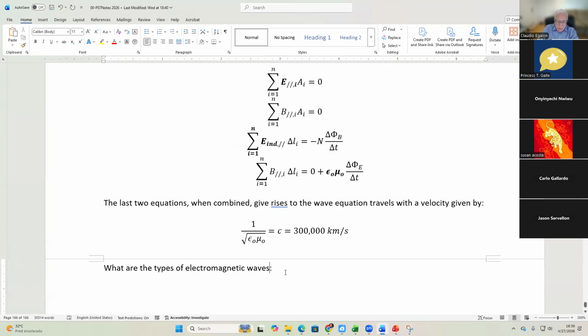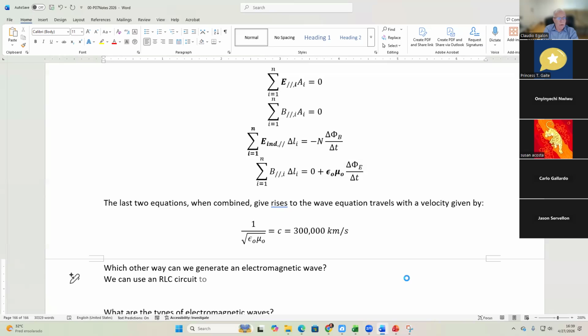Which other way can we generate an electromagnetic wave? Okay. Let's put this question first. We can use an RLC circuit to generate these waves.